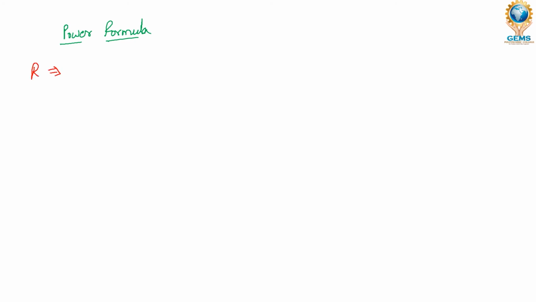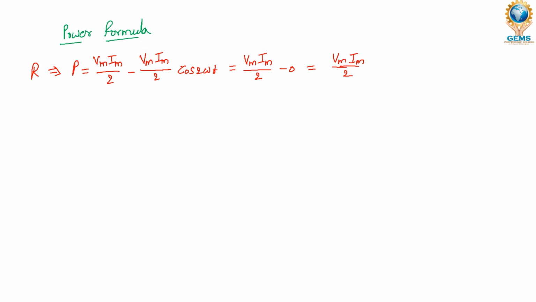In resistor, the power equals Vm Im by 2 minus Vm Im by 2 into cos 2 omega t, which equals Vm Im by 2 minus 0. We have Vm Im by 2 in case of resistor.